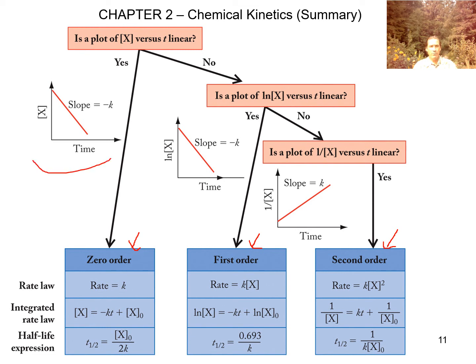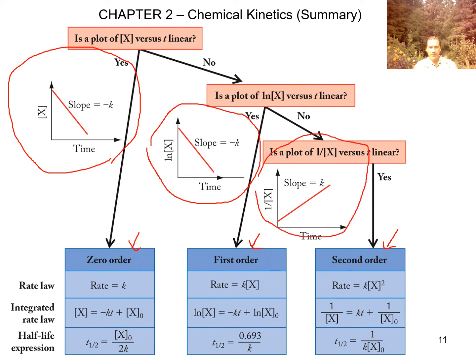I also want you to be able to know the behavior of a first order, second order, or zeroth order equation or reaction. So this kind of sums up what we just talked about.